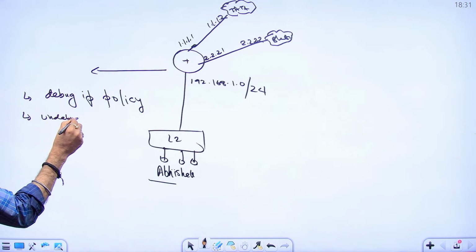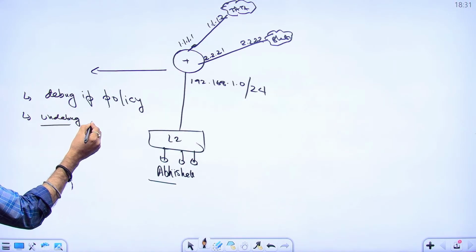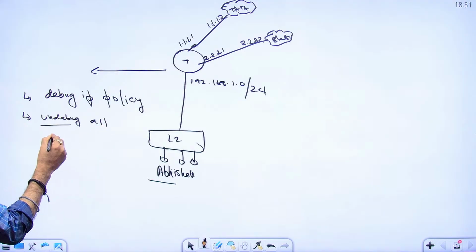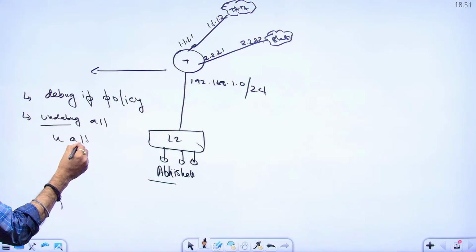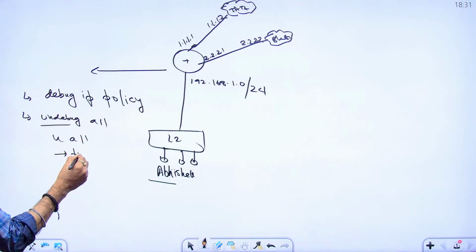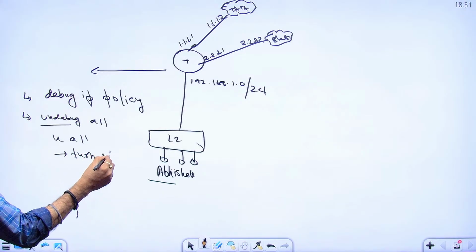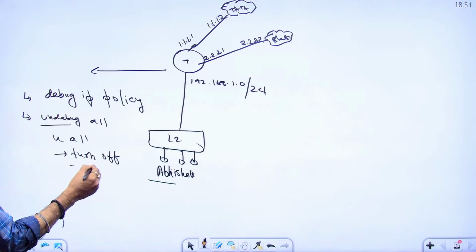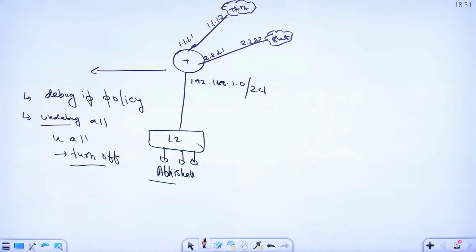Once you have sufficient information, just do undebug all, meaning you need to turn off your debug. That is very important. If you have enabled debug, after you have taken the required info, turn it off through undebug all, meaning everything whatever you have initiated will stop, right?